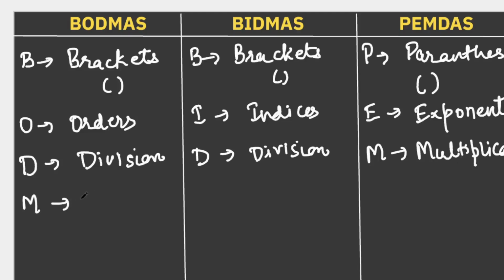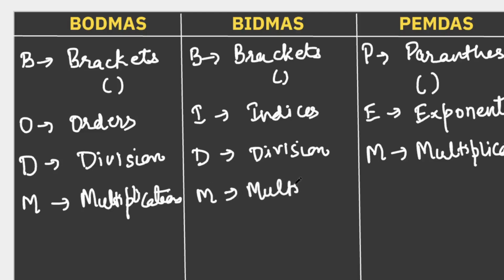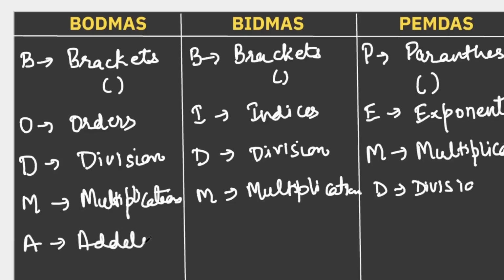Okay. And after division in BODMAS, we do multiplication. Same in BIDMAS. After division, multiplication is done, written here. Okay. And in PEMDAS, after multiplication, division is written. Correct? Alright. Now, next is A for addition. This is the same in all three terminologies, right?